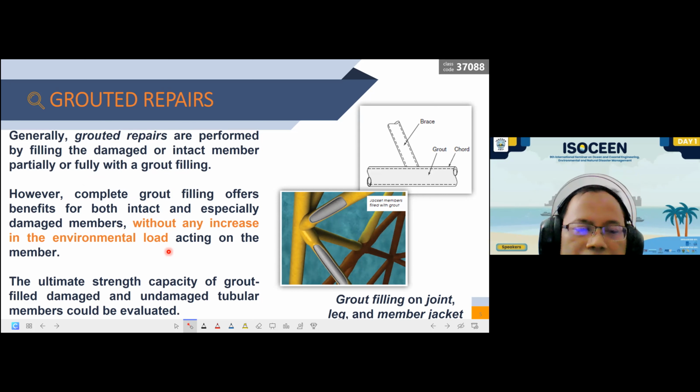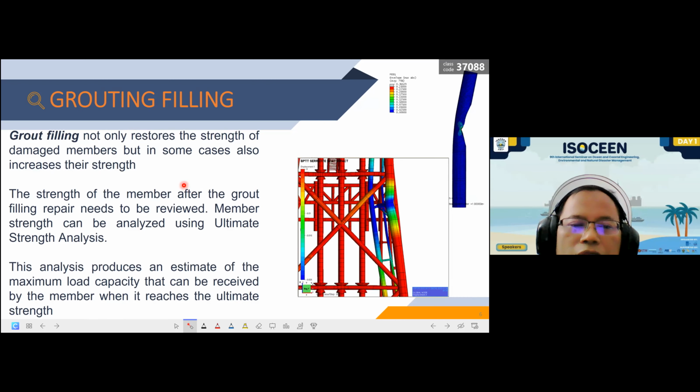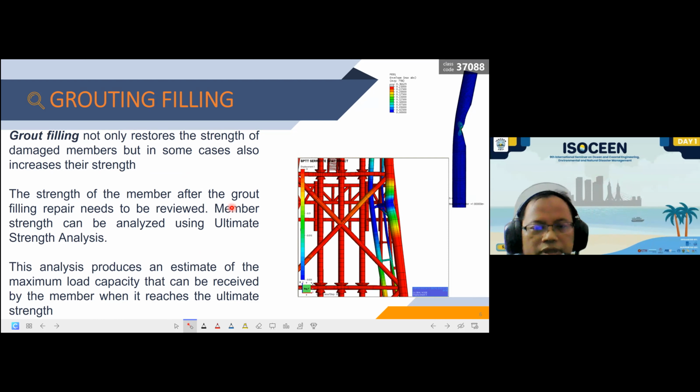The ultimate strength capacity of grout-filled damaged and undamaged tubular members could be evaluated. Grout filling not only restores the strength of damaged members, but in some cases also increases their strength. The strength of the member after the grout filling repair needs to be reviewed.